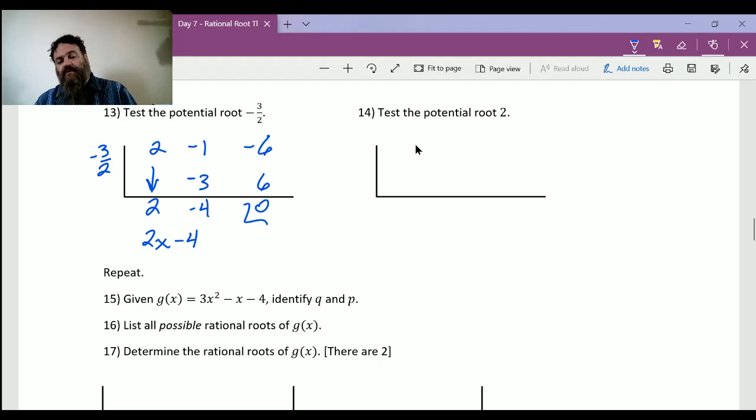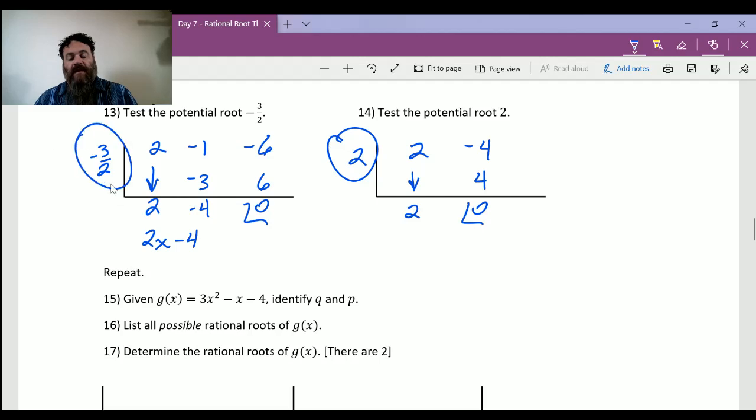If you are a big fan of synthetic division, go ahead and continue with it. Bring down the 2. 2 times 2 is 4. And we again have a remainder of 0. So the 2 roots that you're looking for are going to be 2 and negative 3 halves.